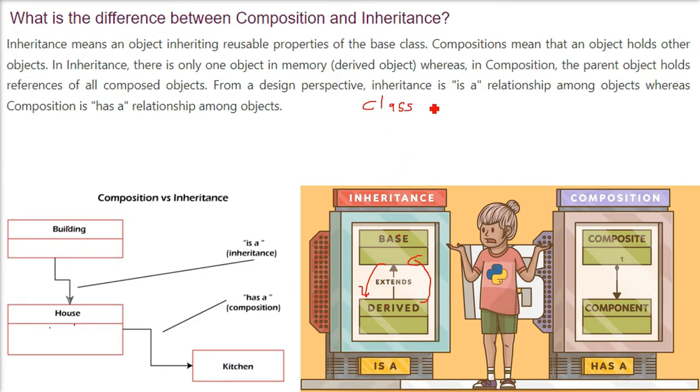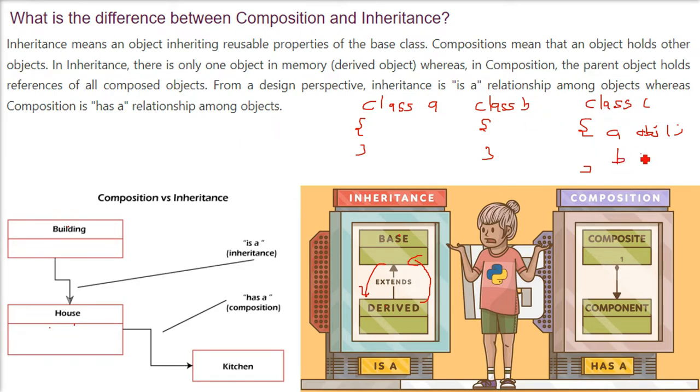Composition, let us understand with an example. We have a class A, then we are making a class B. Now we have a class C, and we have an object of class A. We can make an object, that is A obj1, and we can make an object of class B also, B obj2.